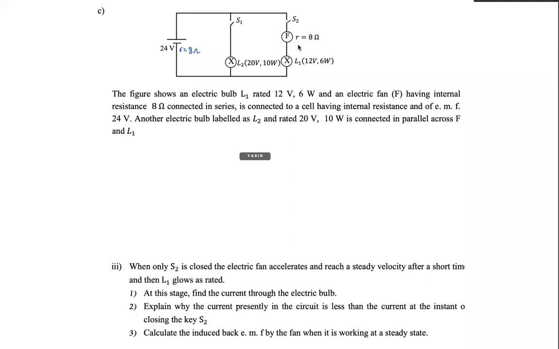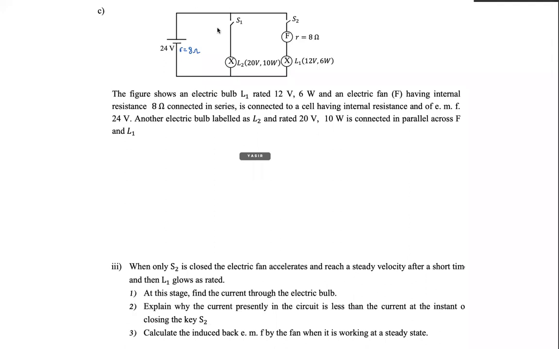Now, there's something called back EMF, people. We learned that in magnetic field. When there is a motor, you have a magnet, you have a conductor rotating around the magnet.